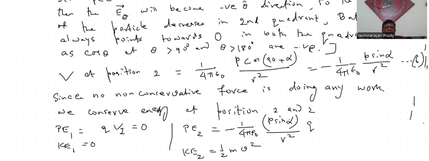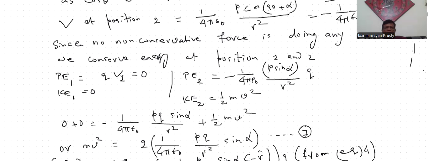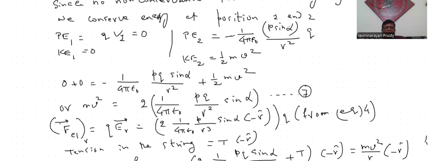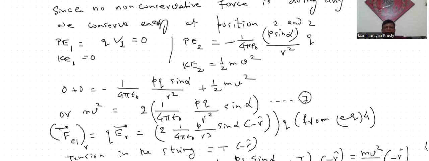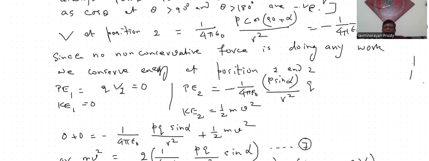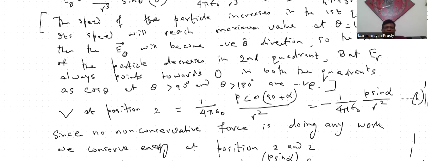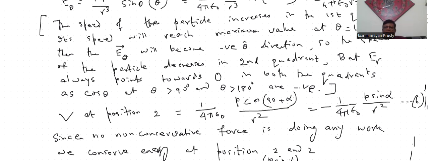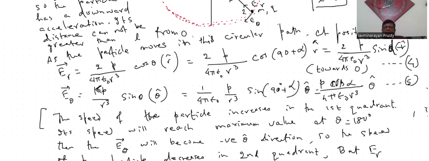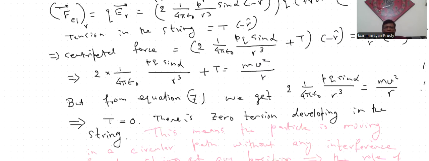As you can see here, from equation 7, mv square is 2pq by r square sin alpha. As alpha increases, this mv square increases, and so also the field in the radial direction increases. Same. Such a situation we are observing, so nice.